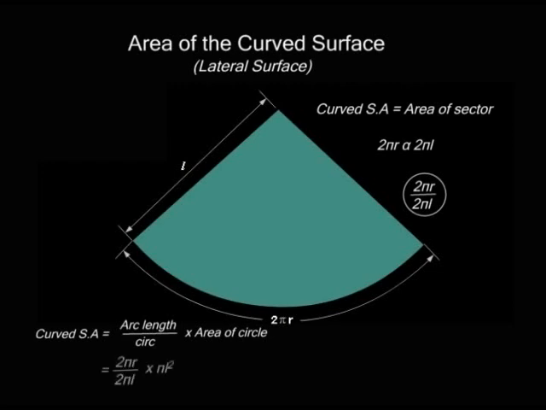That is 2 pi r over 2 pi L times pi L squared, and that gives us pi r L. And so the curved or lateral surface area of a cone is given by surface area is equal to pi r L.